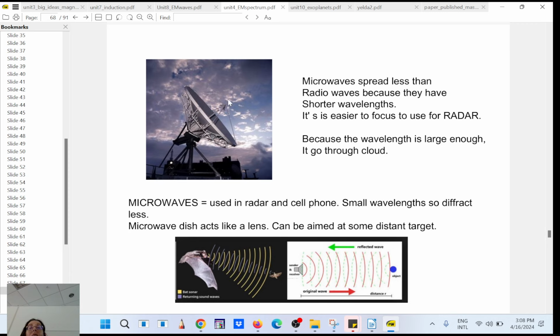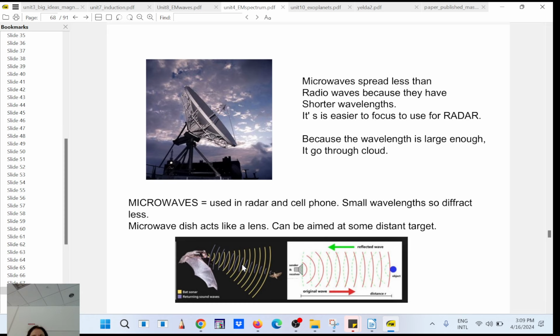Okay, so all waves go at the speed of light. You can find the time it takes to bounce off, so you can find the distance. So that's used, for example, by bats. Bats, no. Do they use microwave?